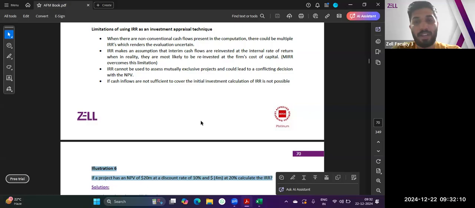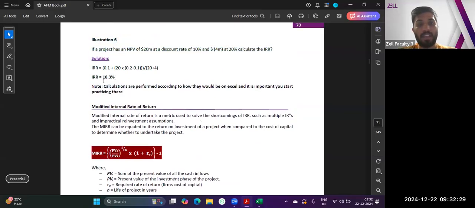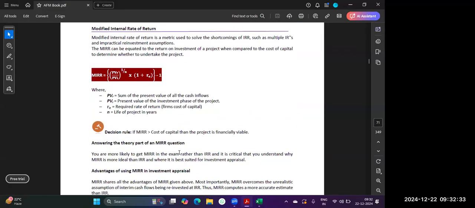Anyone has any different answer altogether or anything as such? Everyone understood how to calculate?